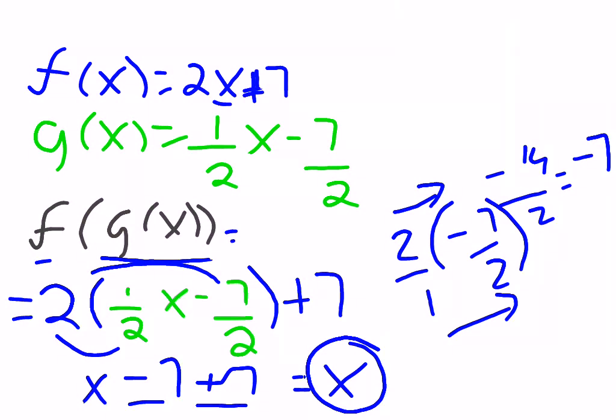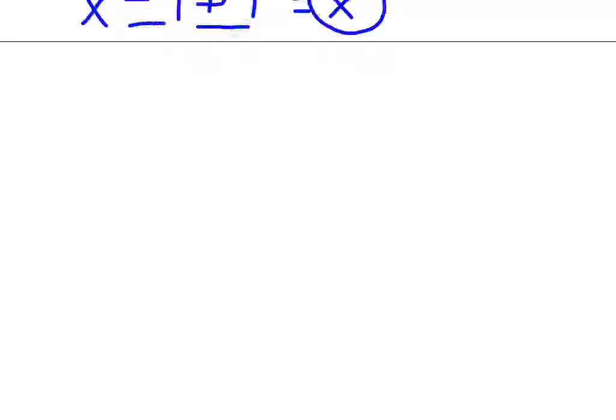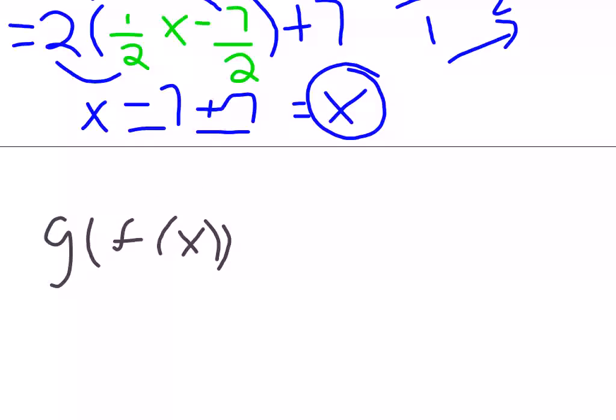So we are good with the f of g of x way. Okay, so now let's try to find out what g of f of x is. And if that equals x, then we know that they're inverses. Let's see, what color did I use for f?